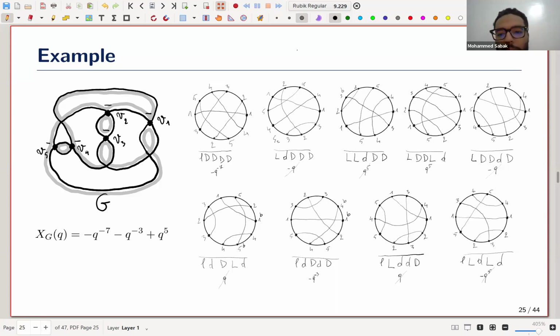I just gave the 9 chord diagrams, and we have the activity letters written under each chord diagram, and the weights of each Euler circuit written here. So at the end, we will find minus q to the power of minus 7, minus q to the power of minus 3, plus q to the power of 5.